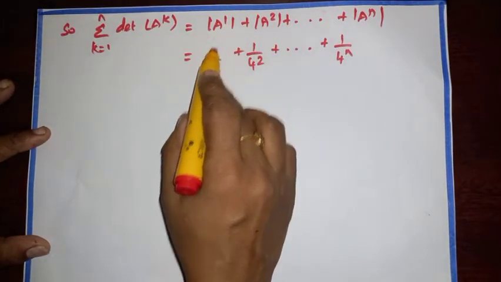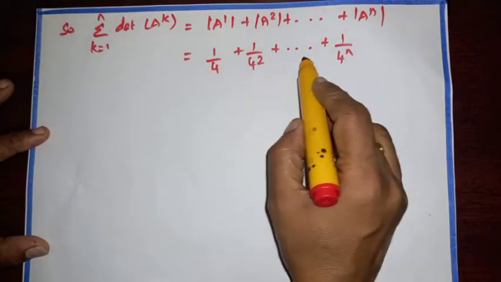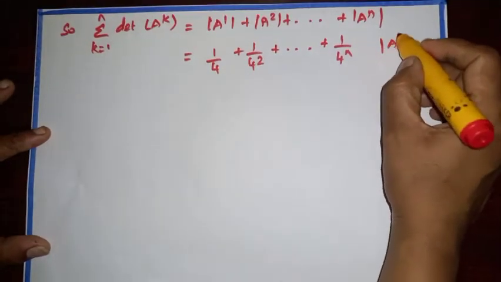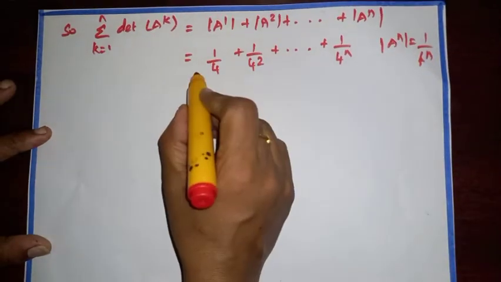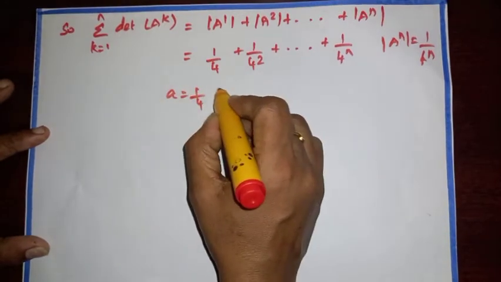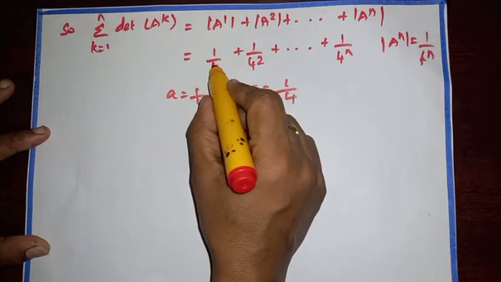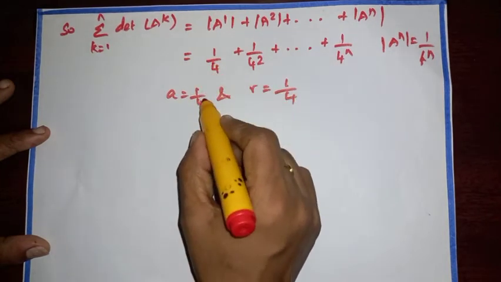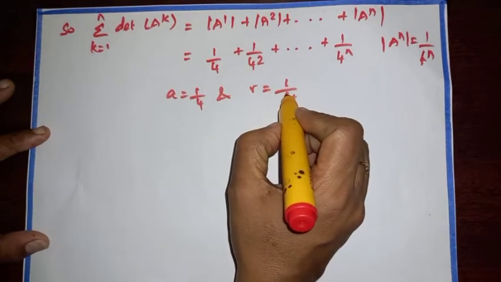We already found determinant of A is 1 by 4, determinant of A square is 1 by 4 square, dot dot, determinant of A power n is 1 by 4 power n, which is in the form of GP with a equal to 1 by 4 and r equal to 1 by 4. First term is a, 1 by 4. Second term divided by first term is r, that is also 1 by 4.